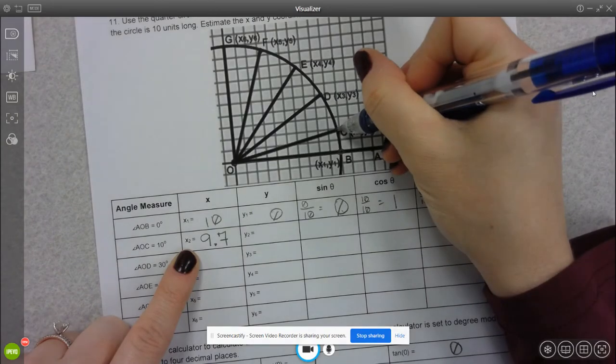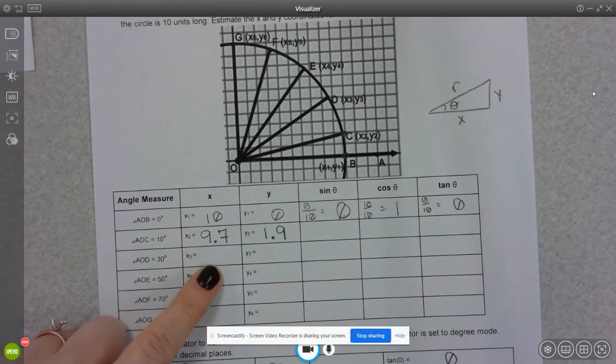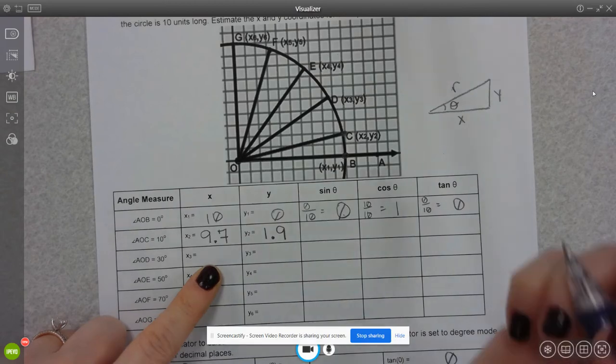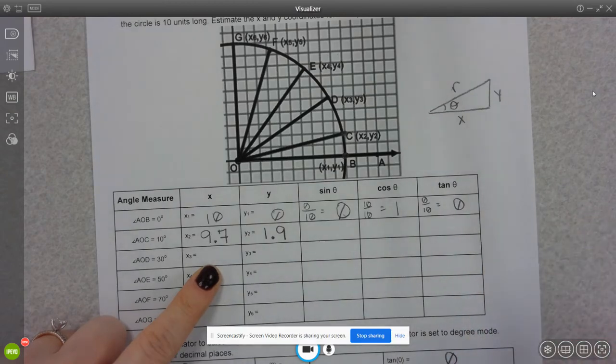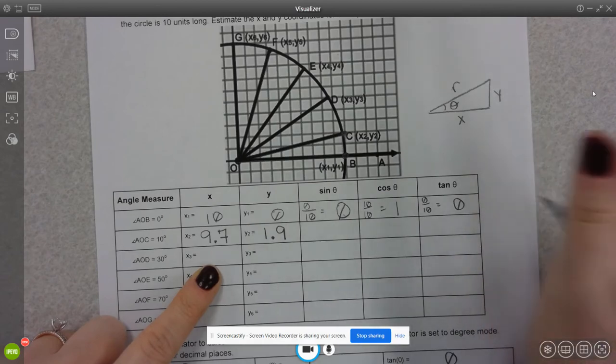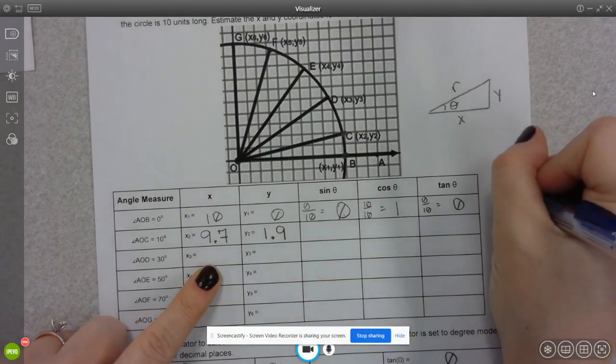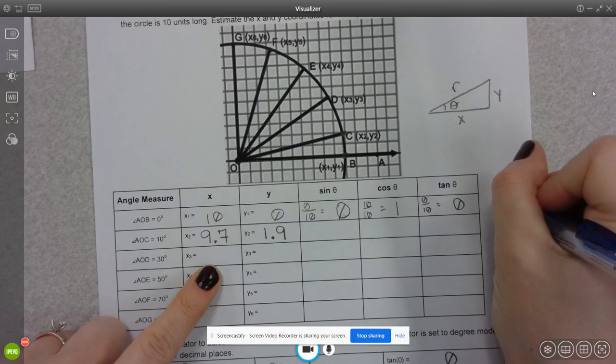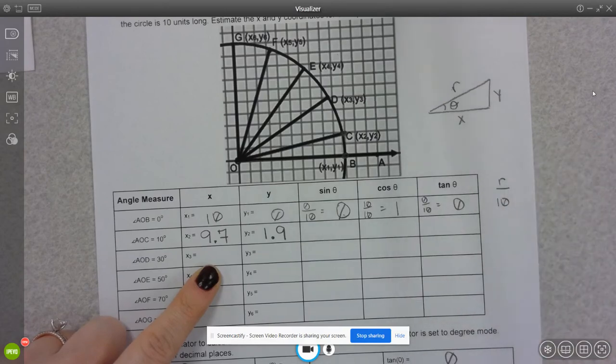It's a little bit before. And I estimated my y value as 1.9. I'm just going to put a column here with R. There, I knew R was 10.